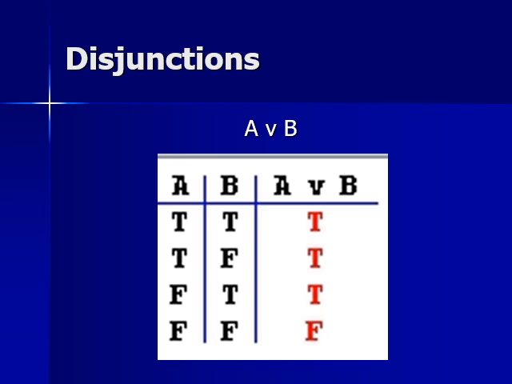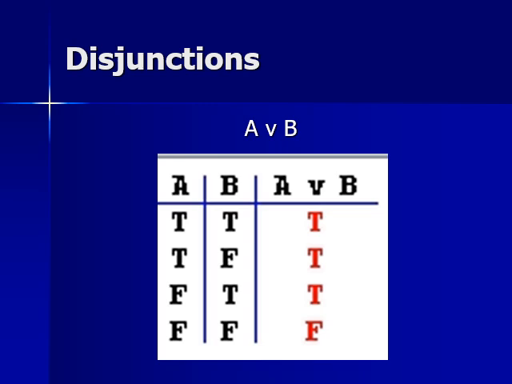Over on the right, you have the statement symbolized, the compound statement, A or B, and you have a value assigned for each of those combinations of the truth values of the atomic statements. For example, if Alan and Betty are both in class, then surely Alan or Betty is in class is true. If Alan's there and Betty's not, true again.